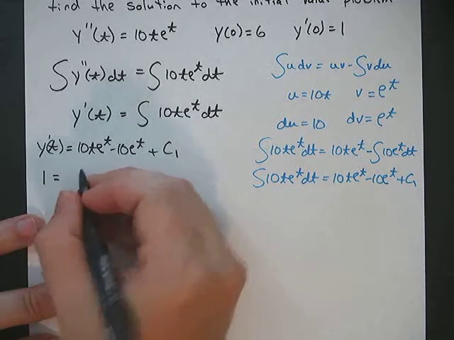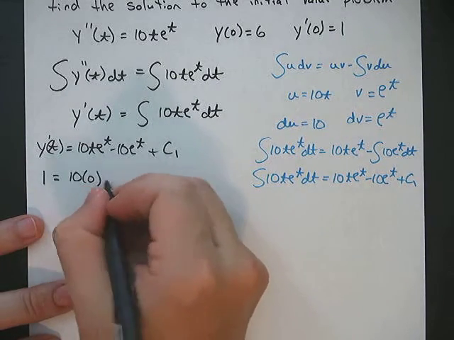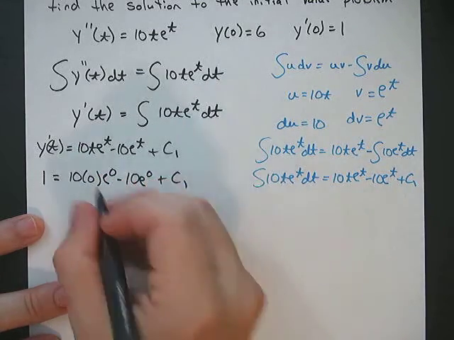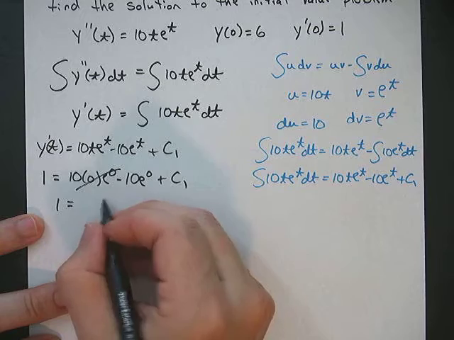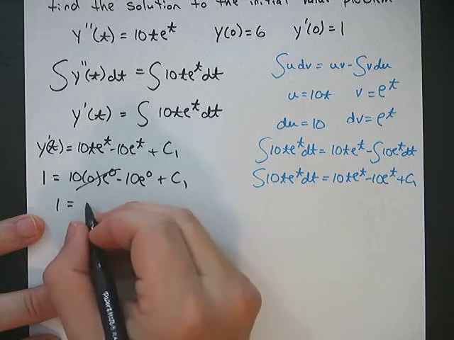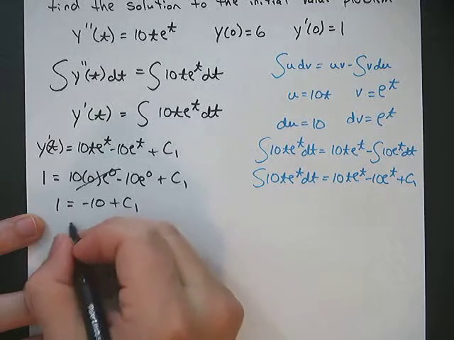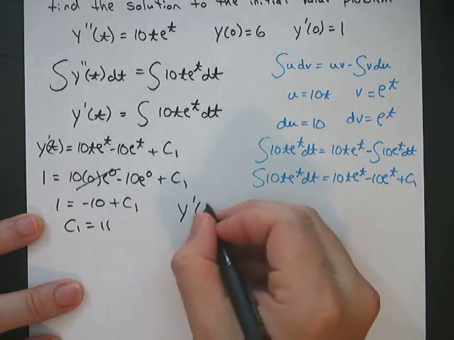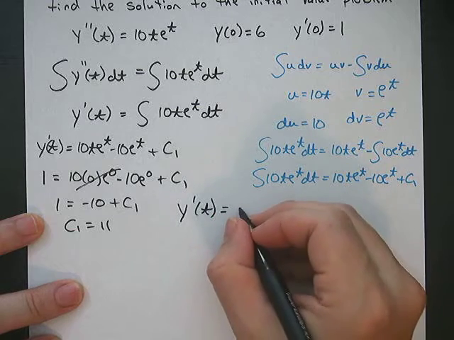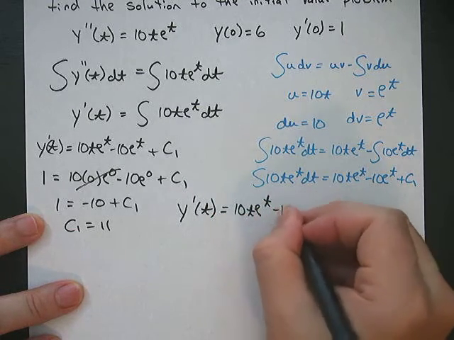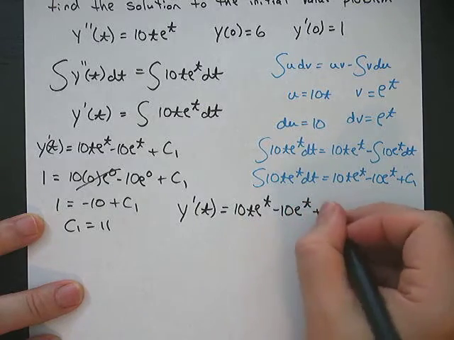So 1 is equal to 10 times 0 e to the 0 minus 10 times e to the 0 plus c1. This goes away. 1 is equal to, this becomes 1, so negative 10 times 1 is negative 10 plus c1. So c1 is equal to 11, which gives us y prime of t is equal to 10t e to the t minus 10 e to the t plus 11.